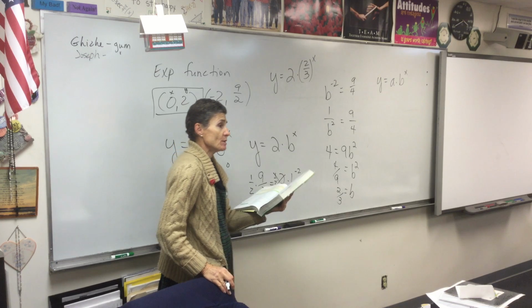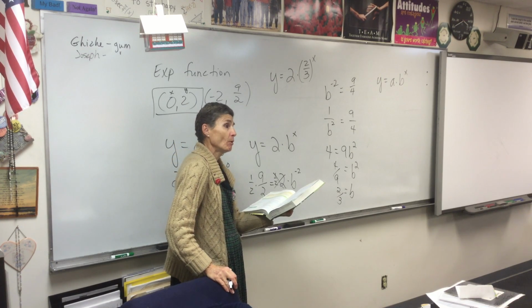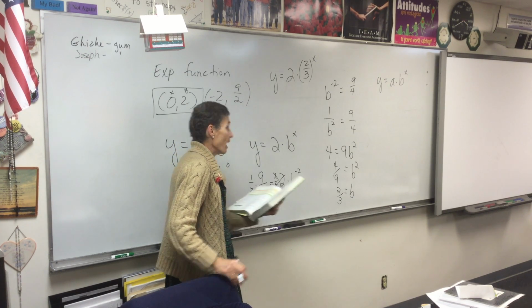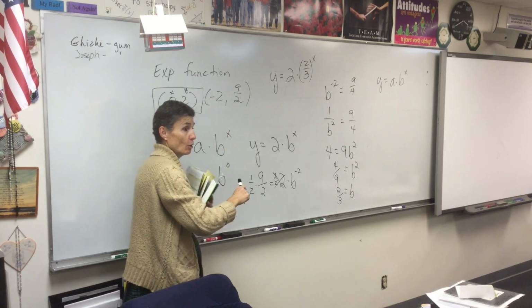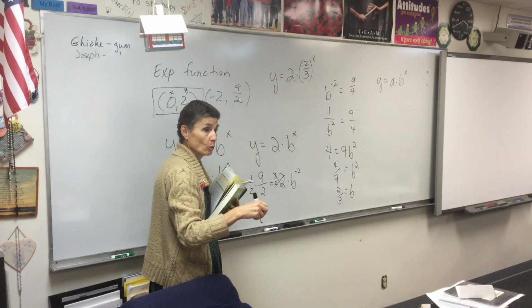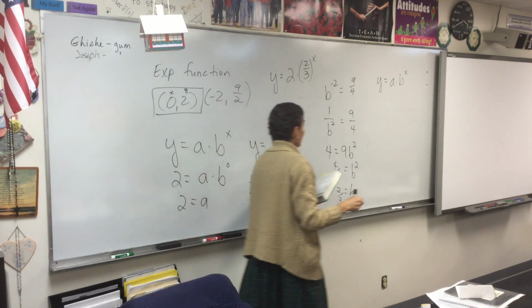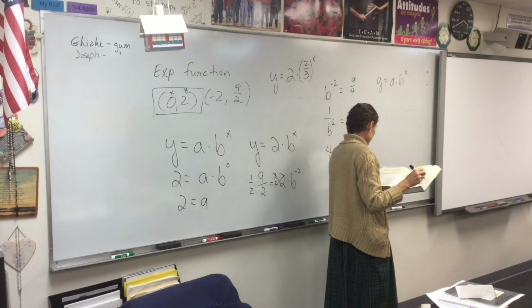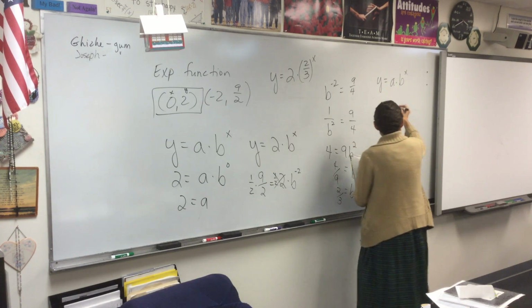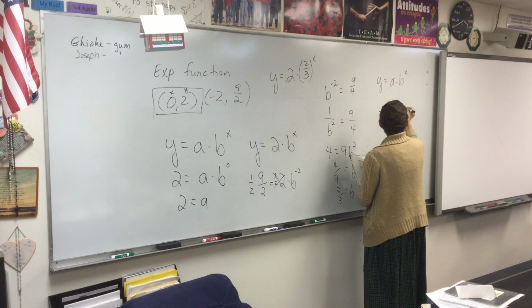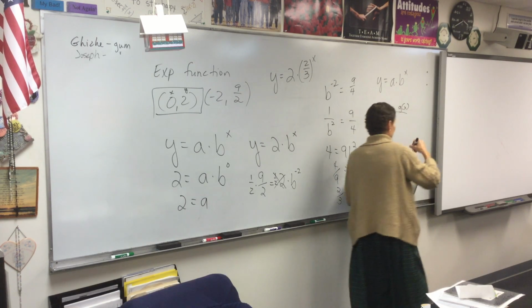But they gave you the information in a table of values. I just gave you 2 points and said use these 2 points and go. They gave you a whole table of values. So if we're doing, for example, problem number 12, it says use the x values and the g values.